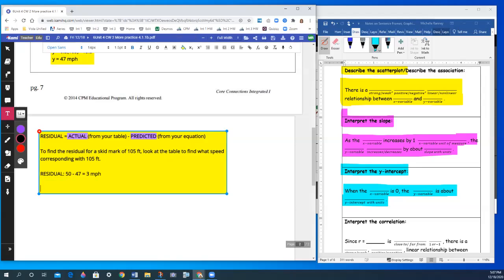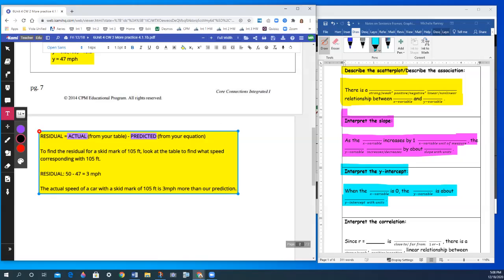So what that residual means is the actual speed of a car with a skid mark of 105 feet is 3 miles per hour more than our prediction.